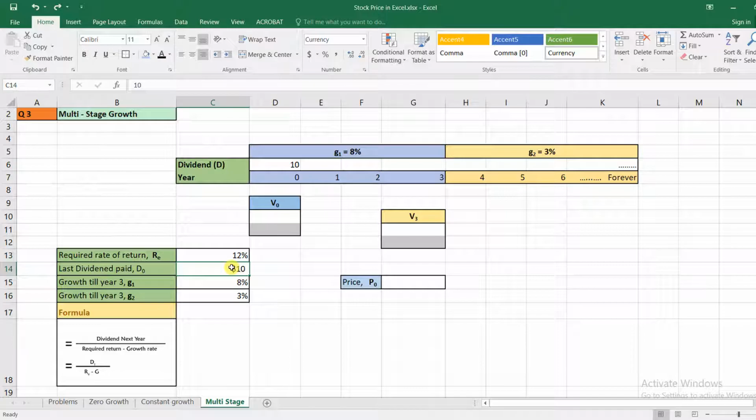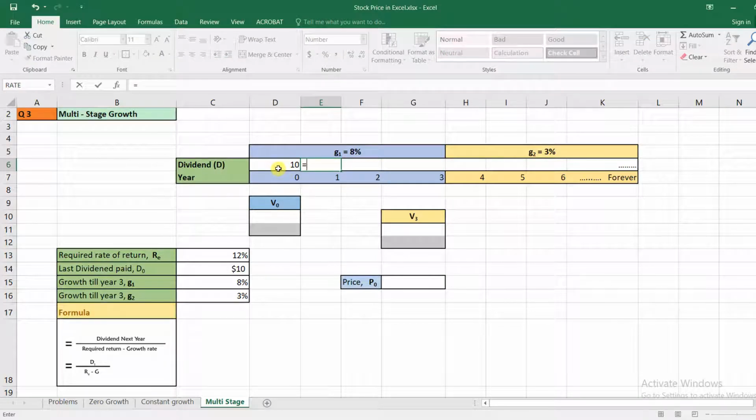We will not receive this $10, but this was the last dividend that was paid. So next year's dividend will be this dividend multiplied by 1.08, since there is a growth of 8%. Then it will keep growing by 8%.